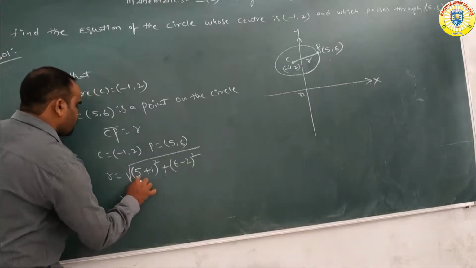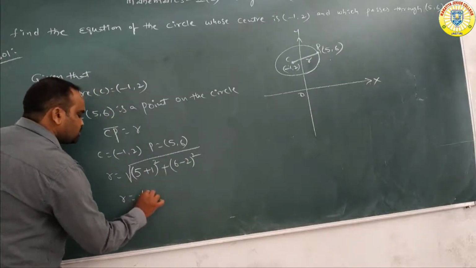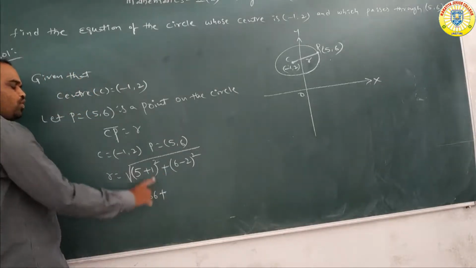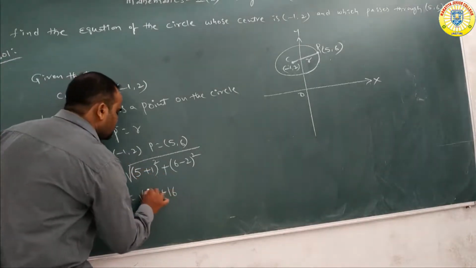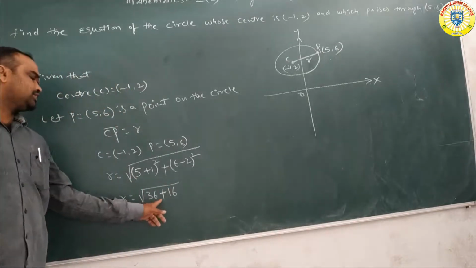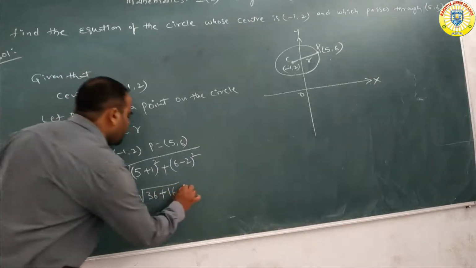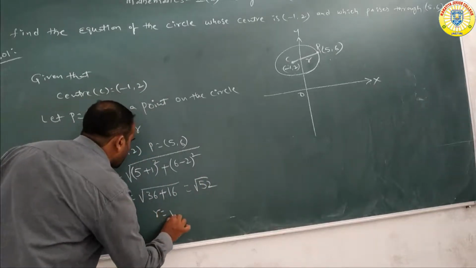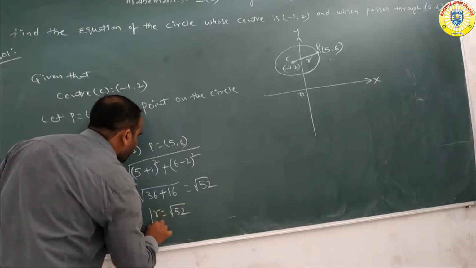So 5 plus 1 is 6, 6 square is 36. 6 minus 2 is 4, 4 square is 16. 36 plus 16 is 52. So small r is equal to under root of 52.